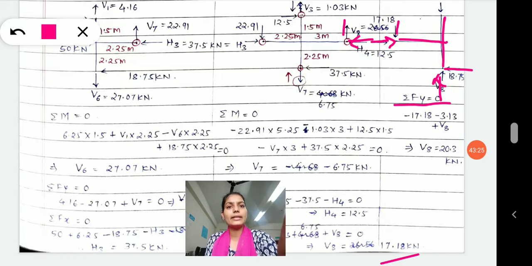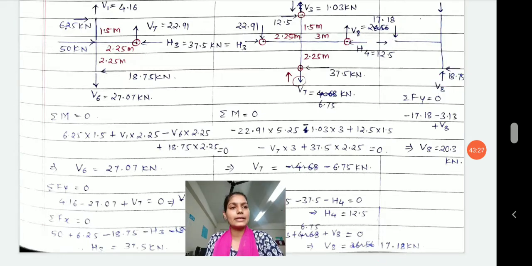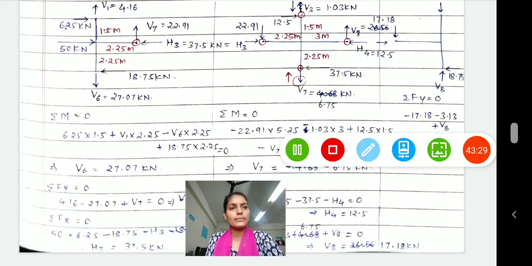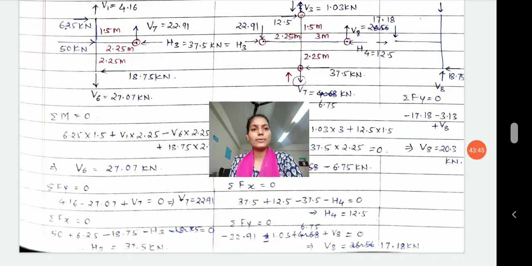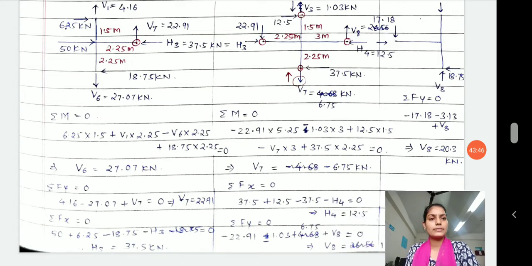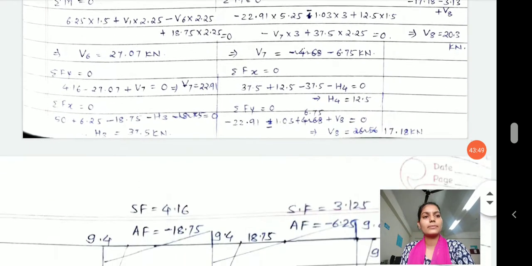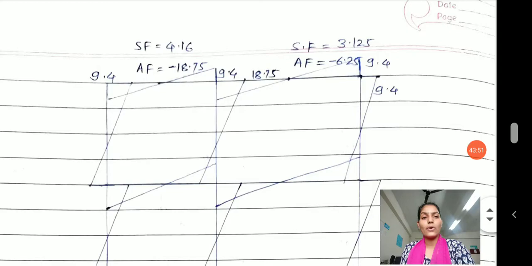How many are the vertical forces acting in the system? 1, 2. So minus 17.18 minus 3.3 giving me V8 equals 20.3. So this is how we have analyzed all the forces in my system.